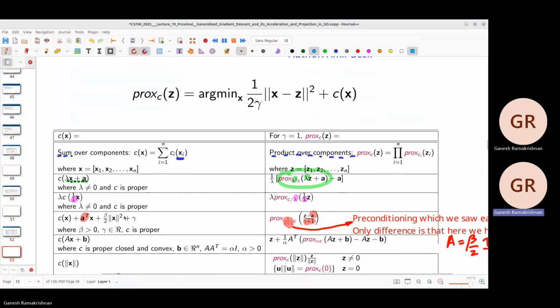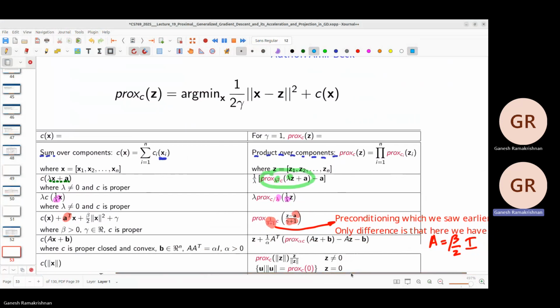So in addition to Cx, if you add these components, then there is some rescaling. And if you remember this, this is a norm of x square. What is norm of x square? Norm of x square is nothing but x transpose Ix.